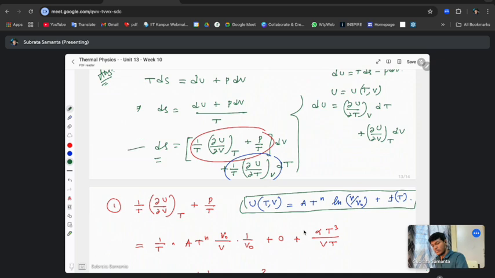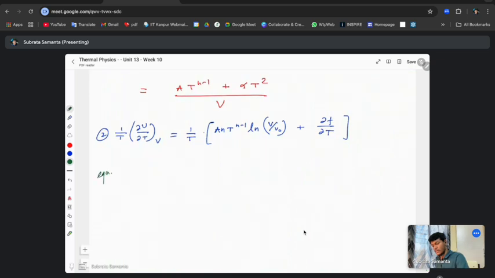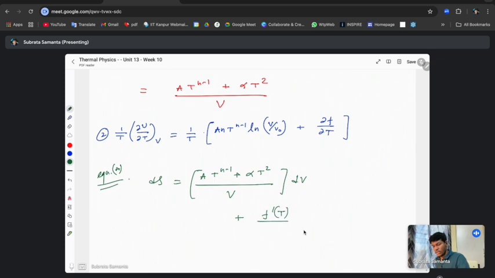So let's call it equation A. So equation A becomes dS is [A T to the power n minus 1 plus alpha T squared over V] times dV plus [f prime, so this is a single derivative with respect to T, over T plus n A T to the power n minus 2 ln(V/V naught)] times dT, right?